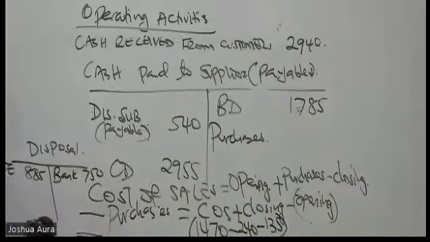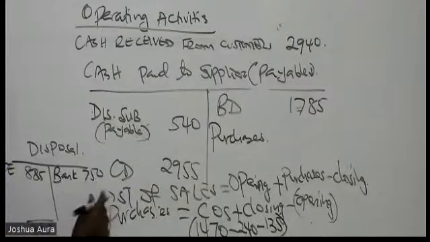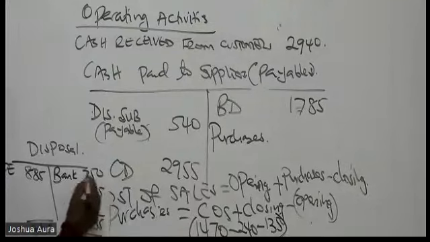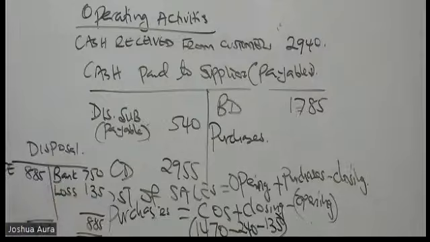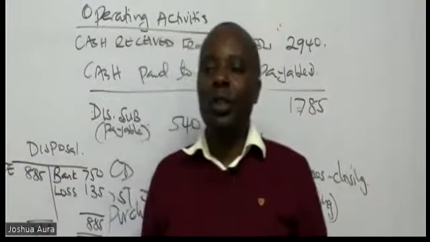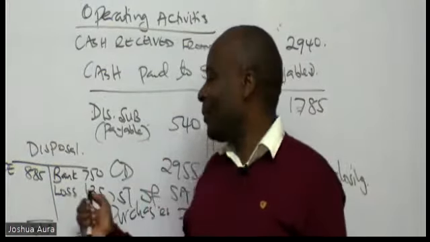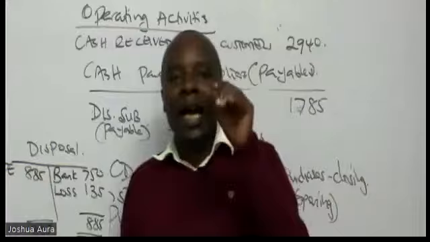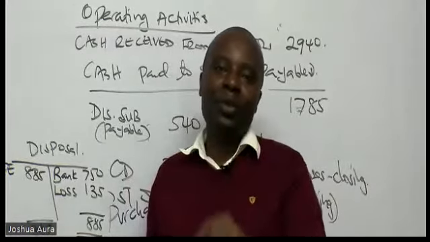When we balance, the debit side is bigger, so you can see straight away there is a 135. On the credit side, it must be a loss on disposal. Why a loss? Because I'm crediting this account and then I debit my income statement.